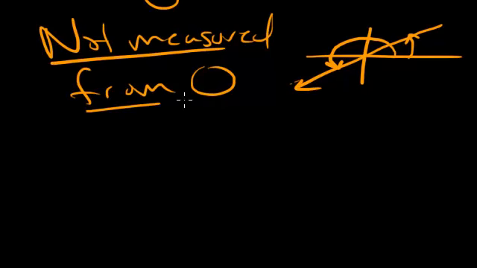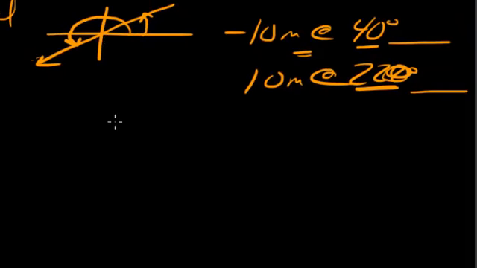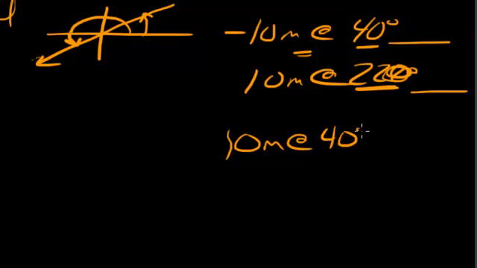Not measured from zero. All of these have been blank so far because it means that we've been going from right here. For vector addition, that's typically the way you're going to see it, but it's not always the easiest way to measure something. So let's again start with our original vector, 10 meters at 40 degrees. But this time, rather than put a blank, let's write from the positive y-axis.